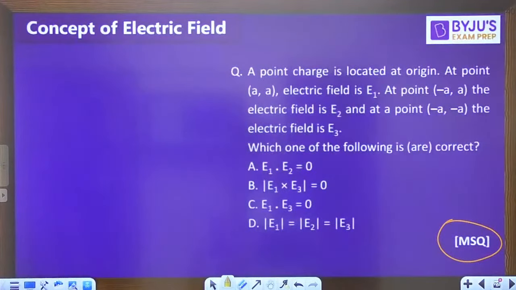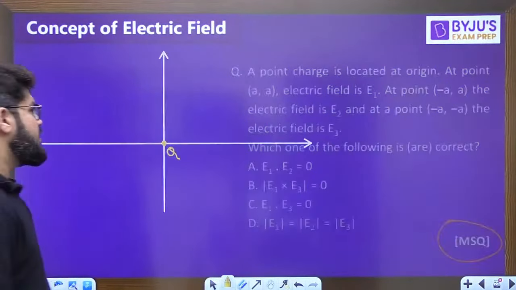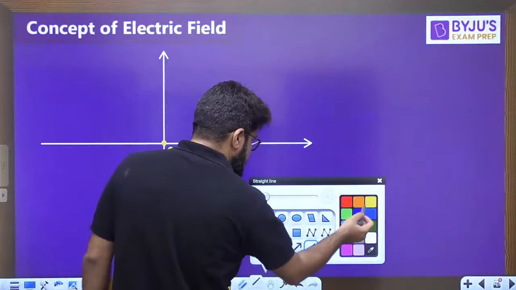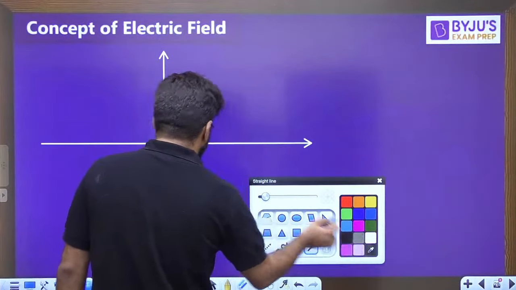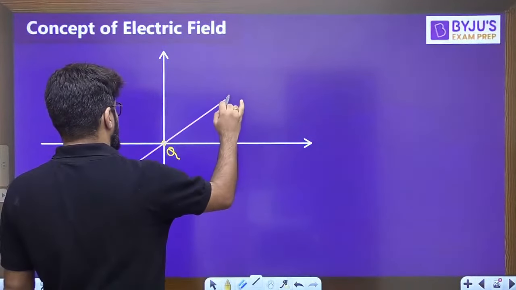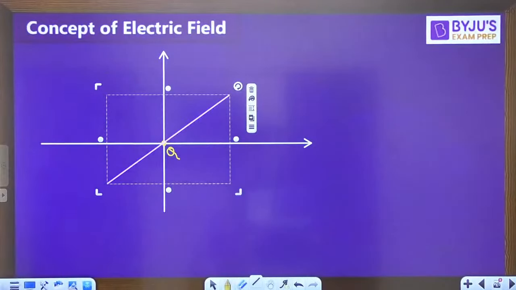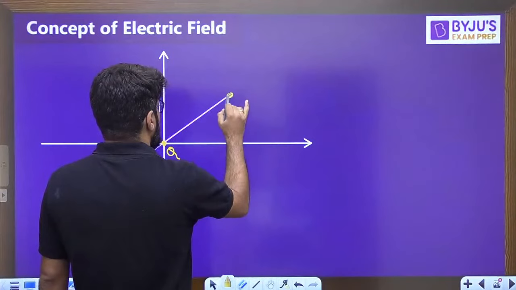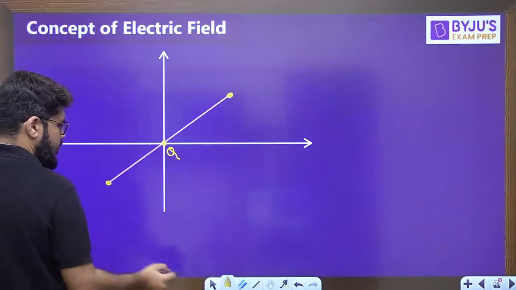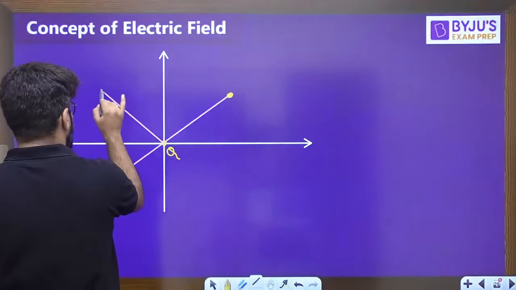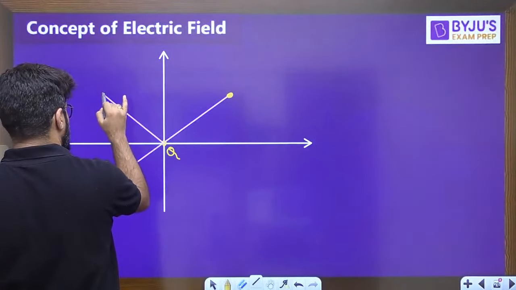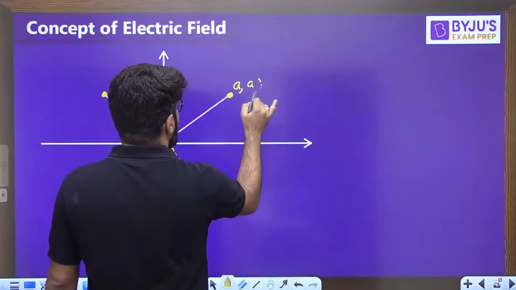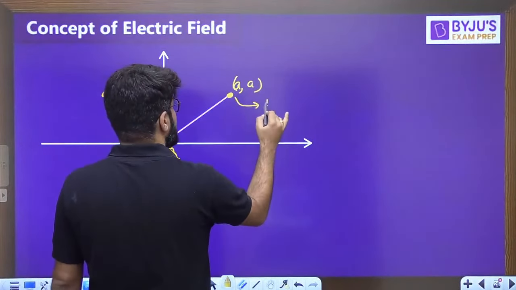Then you have a point A, which is in the first quadrant where the electric field is E1, right? There is the point in the first quadrant, third quadrant and also in the second quadrant. So there is a point A where the electric field is E1.